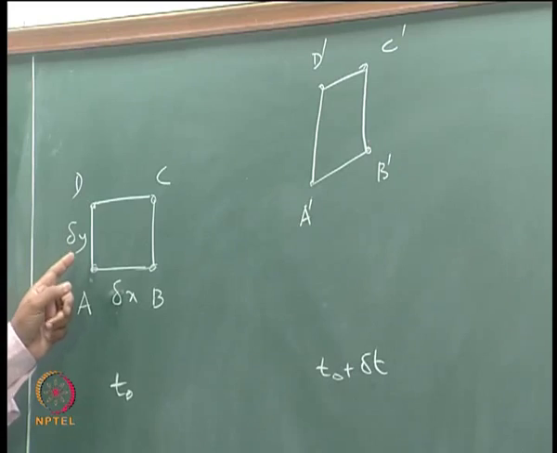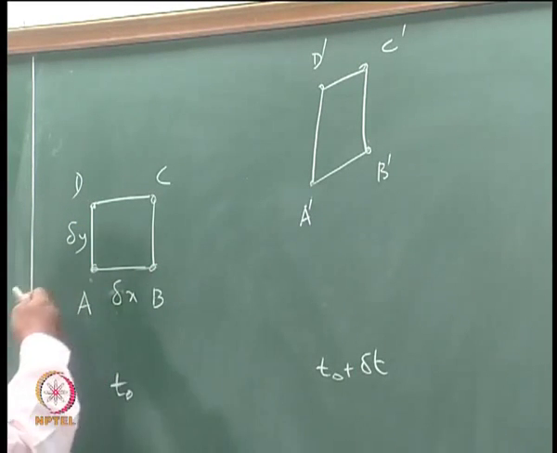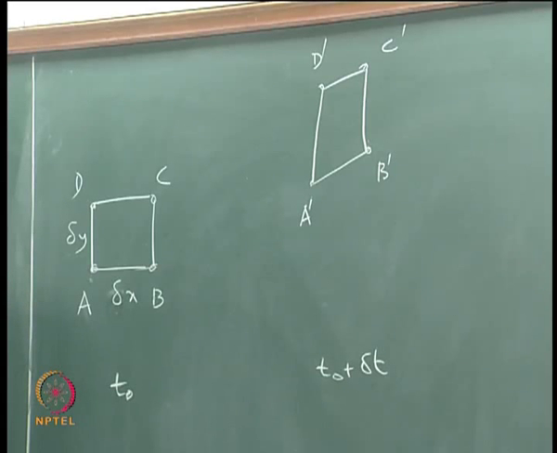So there is a change in shape if there is a velocity difference, and this change in shape can be identified as resulting from 3 components.